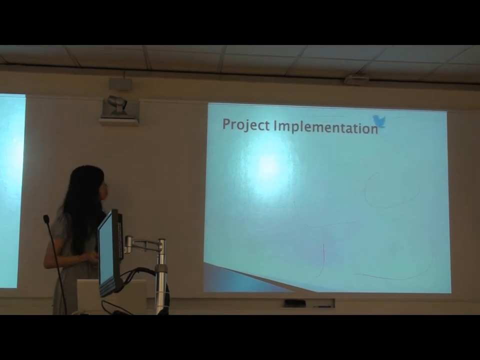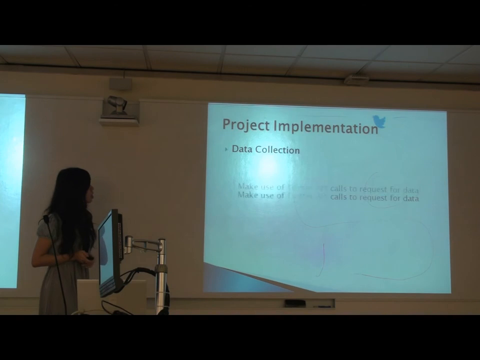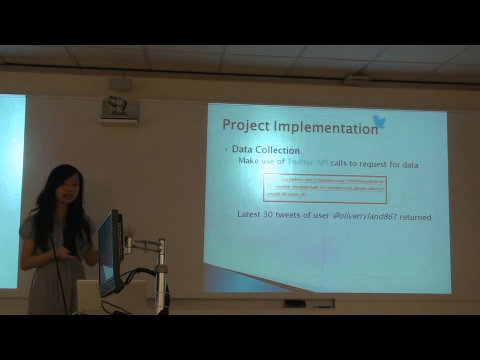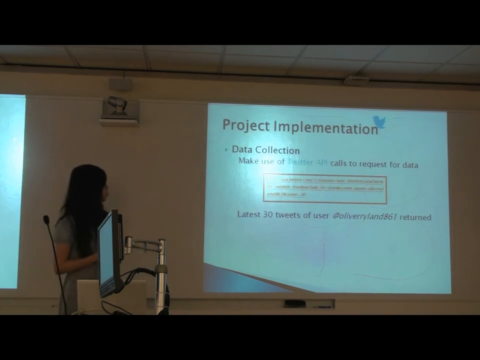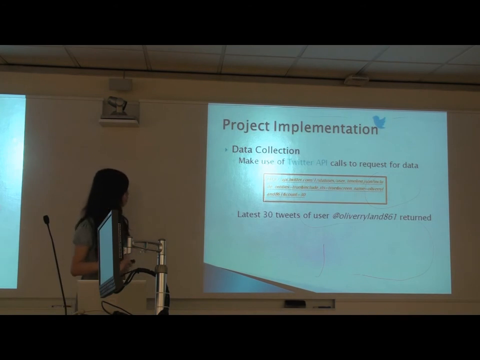So for project implementation, the first stage will be data collection. It is achieved by making use of Twitter API calls. We can see an example here. You can see that it retrieved the latest 30 tweets of user Oliver Eland 861.